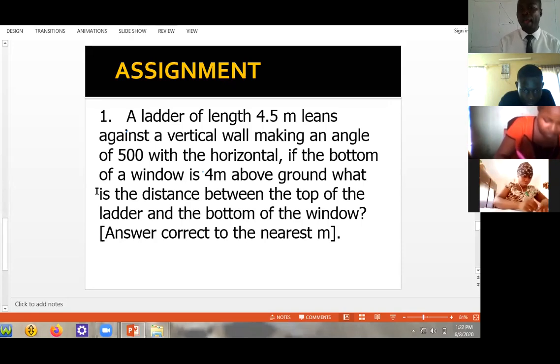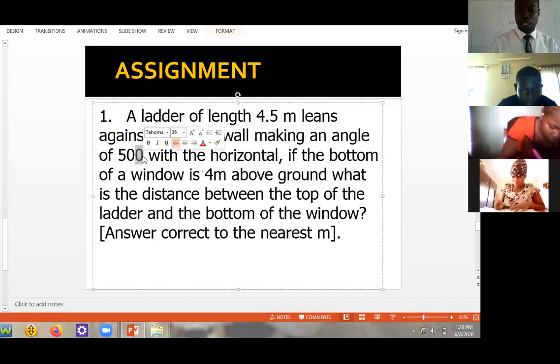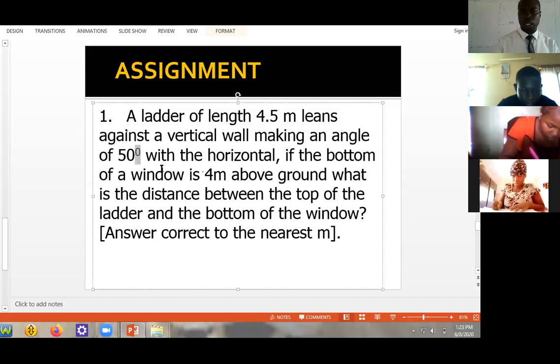A ladder of length 4.5 meters leans against a vertical wall, making an angle of 50 degrees with the horizontal.